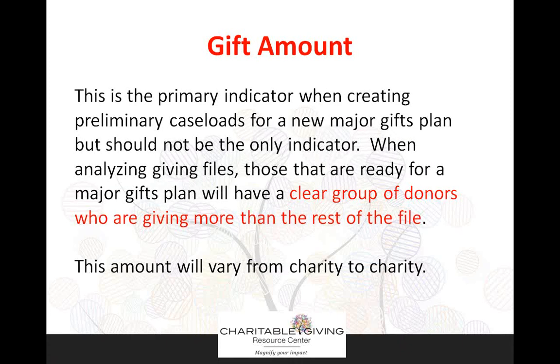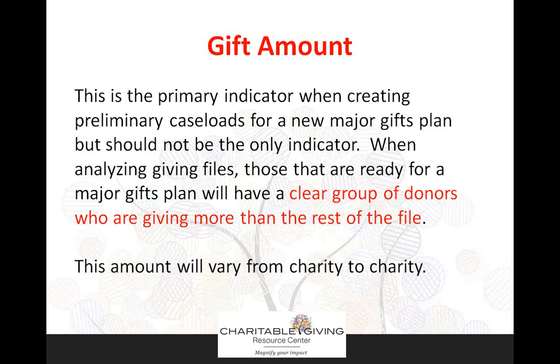Gift amount. This is the primary indicator when you create this preliminary caseload we talked about early on, but it can't be the only indicator. And we'll talk a little bit more about why that is. So when analyzing those giving files, or what individuals have been giving to your organization over the past years or months, those that are ready for major gift plans are generally a clear group of donors who are giving more than the rest.